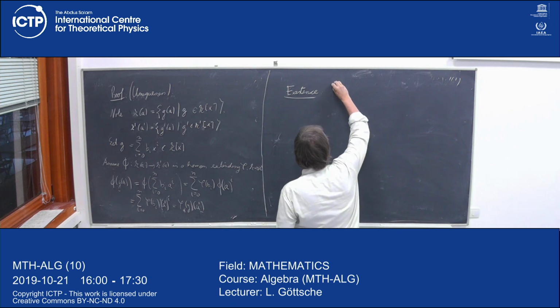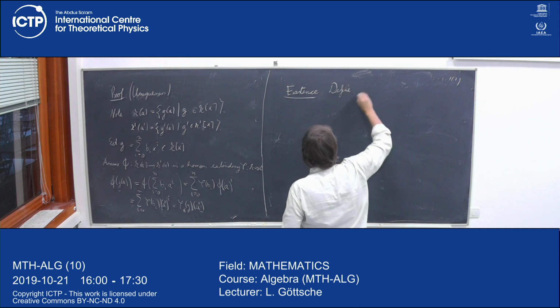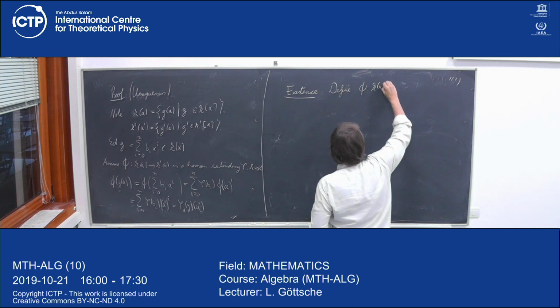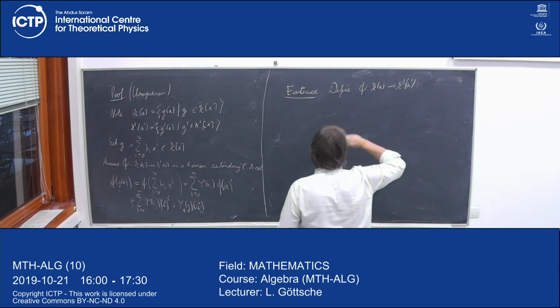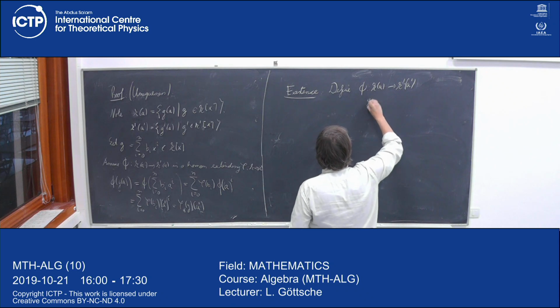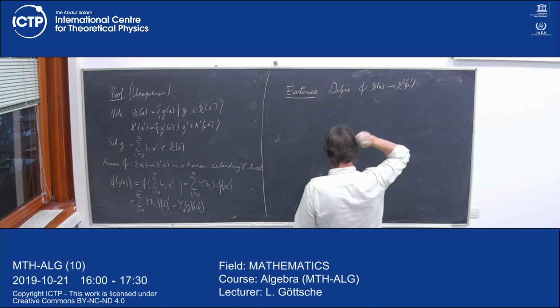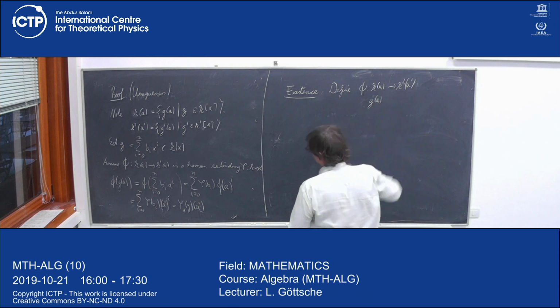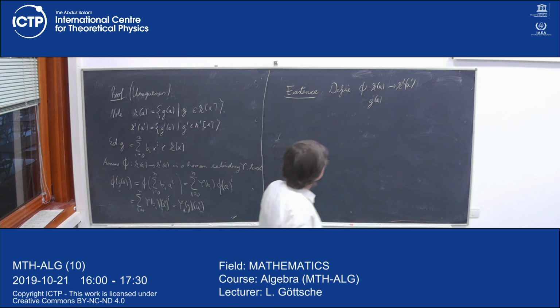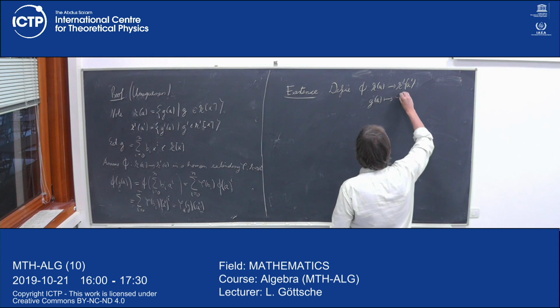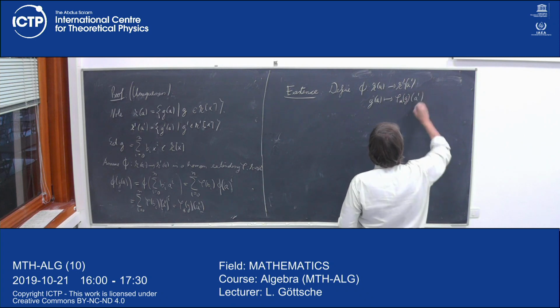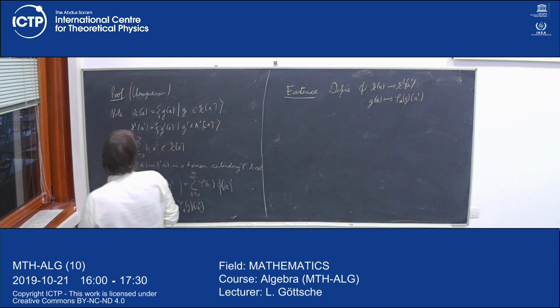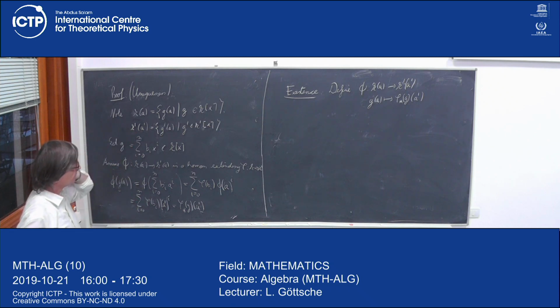So we define phi from K(a) to K'(a') by sending g of a, where g is any polynomial in K[x], to phi star of g of a prime.